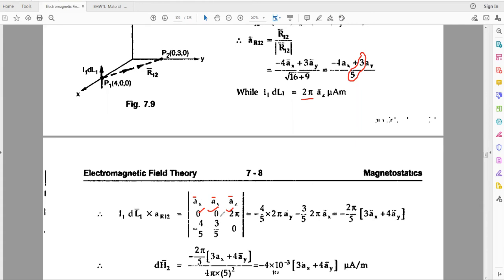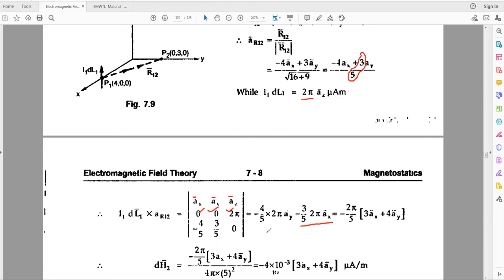I can apply the AX bar term here: 0 into 0, 0, 2π into 3 by 5 is the AX bar coefficient. Let us take these two functions for AY: 0 into 0, 0, 2π into minus 4 by 5. Whenever you take the AY value, minus of minus is a plus, so both functions have the minus.